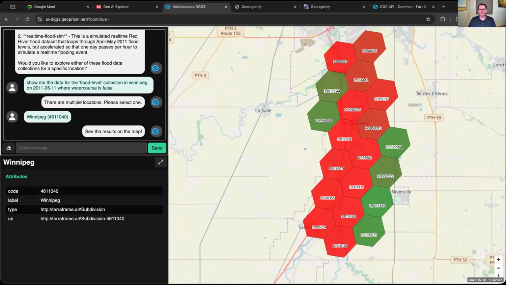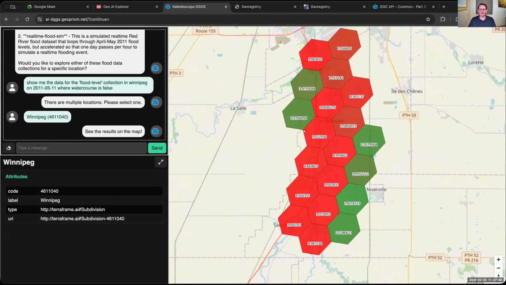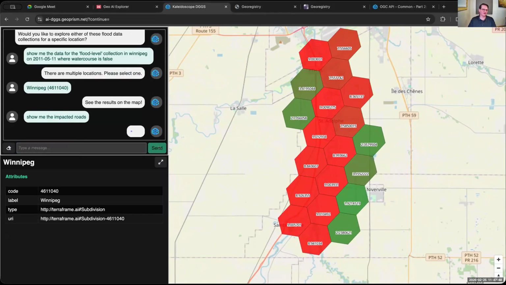And so then here we have the information broken down by the individual DGGS zones. Now that I know where there is flood risk, I want to see what the cumulative impact is. So I'm going to ask for impacted roads.